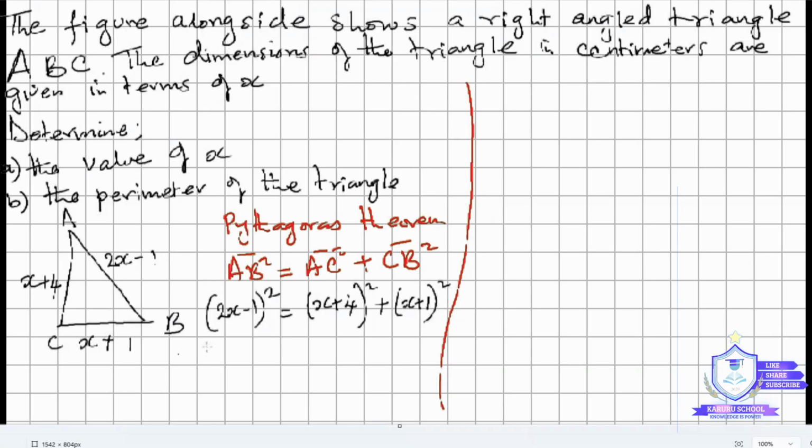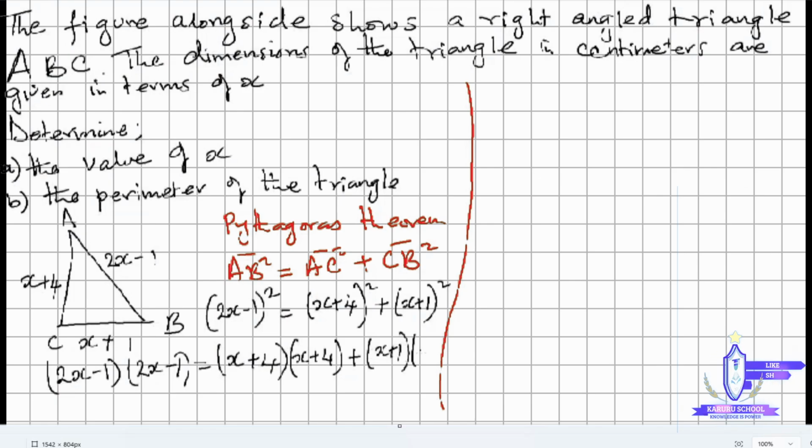So what this means is that we need to expand the values. So we will have 2x minus 1 multiplied by 2x minus 1 equals x plus 4 multiplied by x plus 4, plus x plus 1 multiplied by x plus 1.